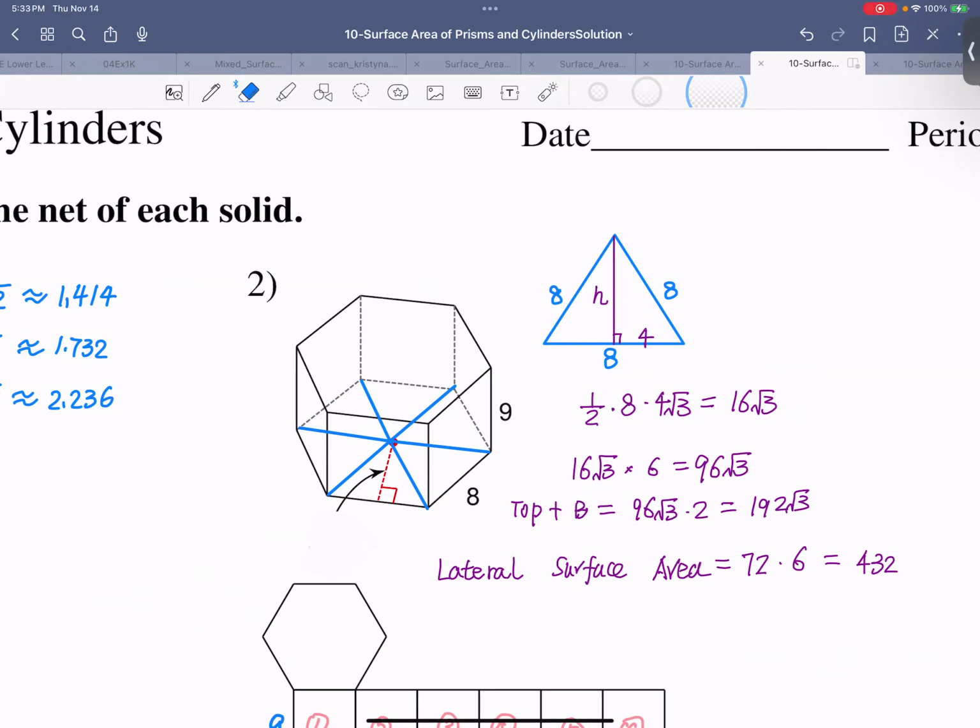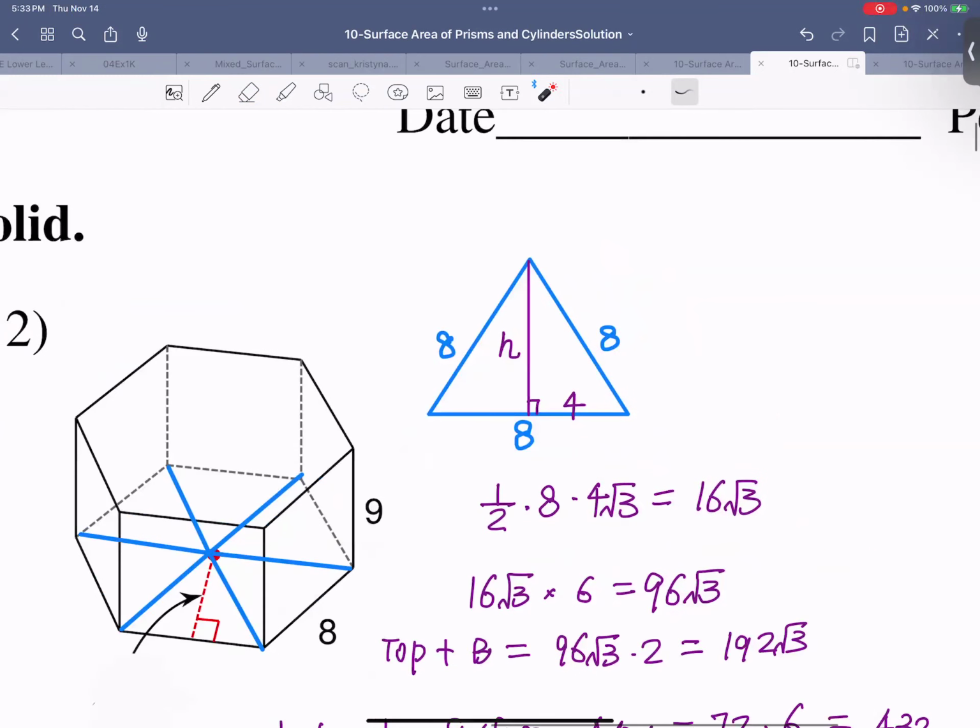Let's see number 2, okay? Yeah, go ahead. Number 2, we can see this one. This side is 8, this side is 8, and this side is also 8. We can use the trigonometry we just learned, or we can just use the Pythagorean theorem. Doesn't matter, okay? How much is this angle?